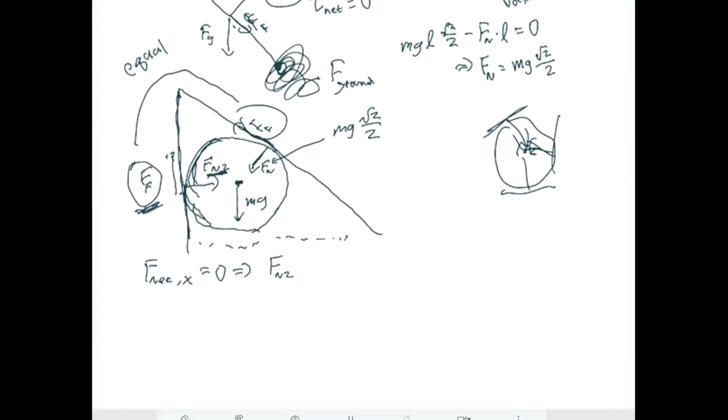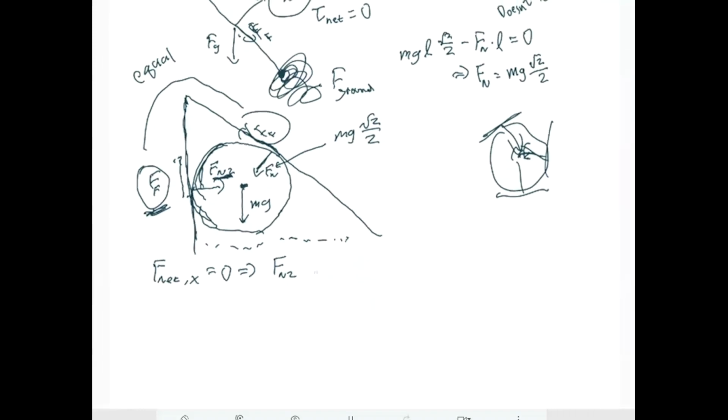So, yeah, they're also both going in the other direction. So yes, minus root 2 over 2 times the friction force minus root 2 over 2 times our normal force, which was mg root 2 over 2.